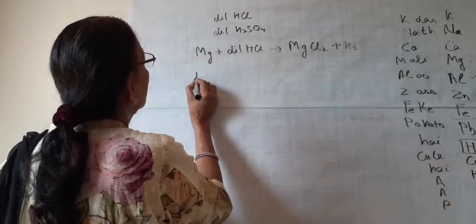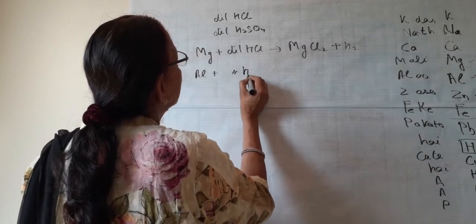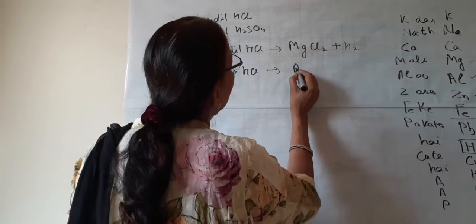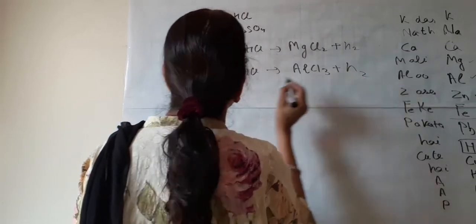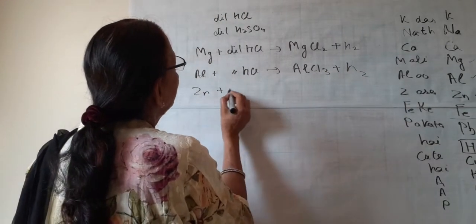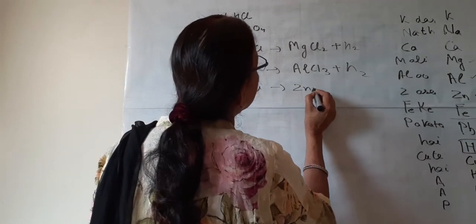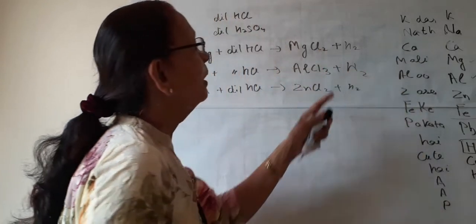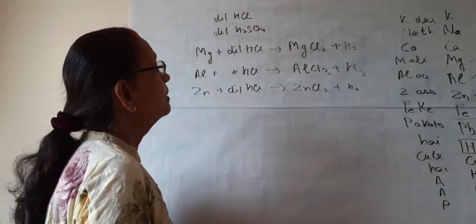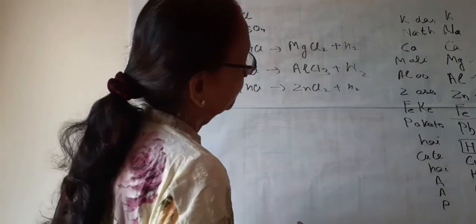Aluminium plus dilute HCl gives AlCl3 plus hydrogen. Zinc with dilute HCl gives ZnCl2 plus hydrogen. So in all the cases, hydrogen is evolved and chloride is formed.